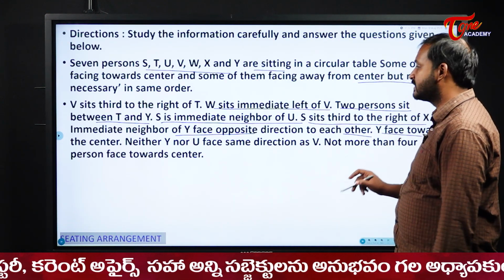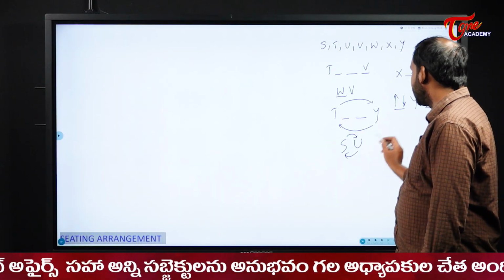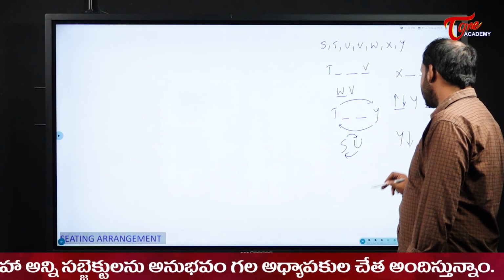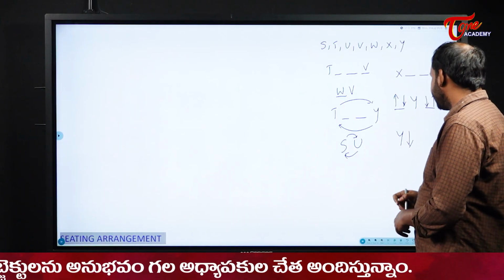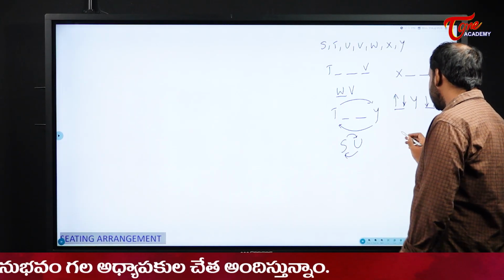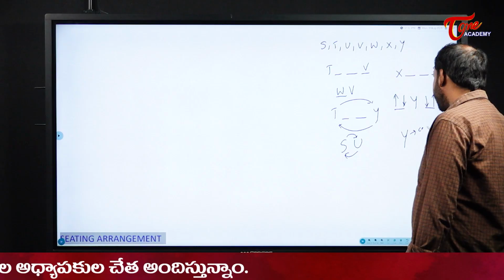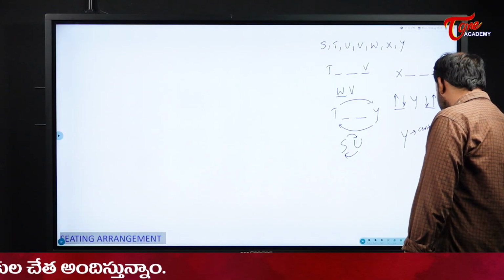Y faces towards the center. Okay. Y will face center. You can use the up arrow for center and down arrow for outward, students.